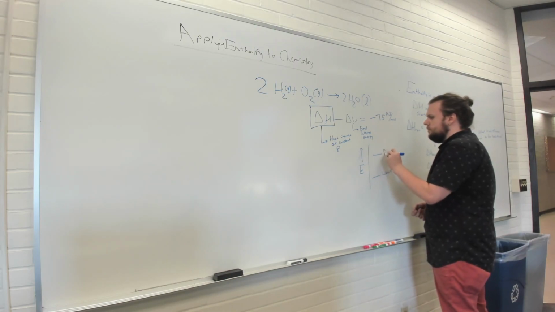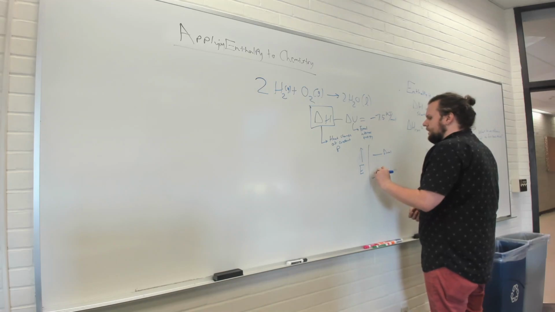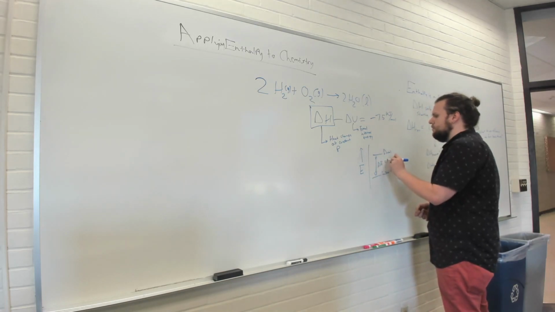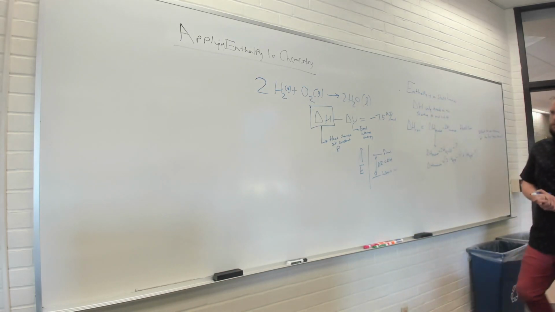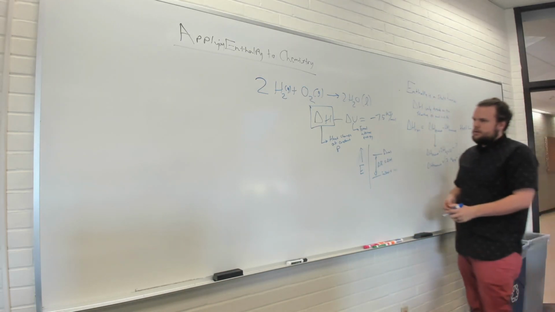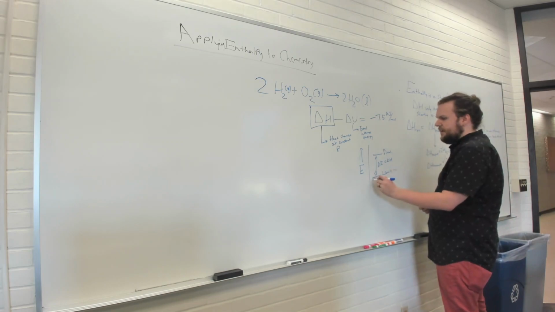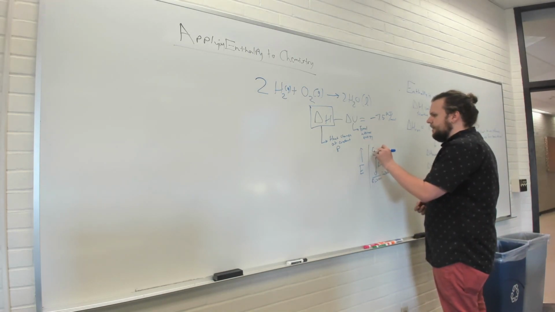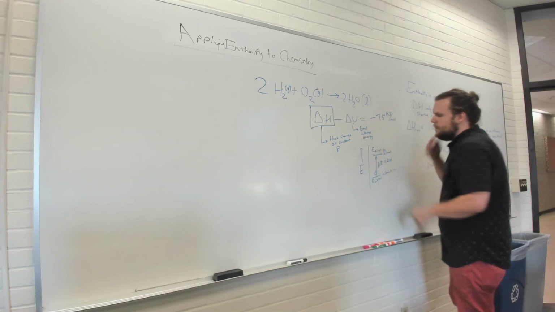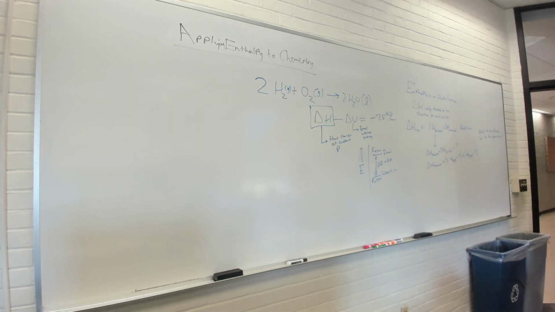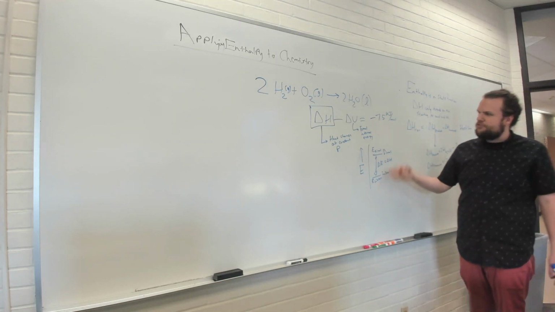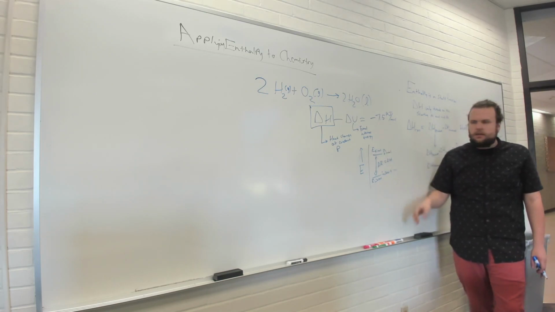The energy difference is just the difference between the two. This is at energy E initial, and this is at energy E final. But the question is what is energy initial or what is energy final? What is the absolute value of that? We can only measure the difference, but the question is what are we measuring the difference between?